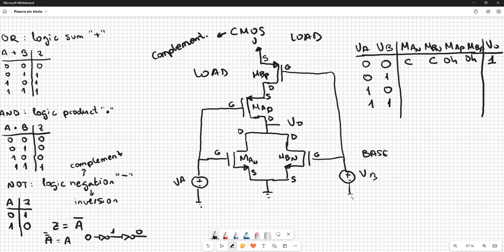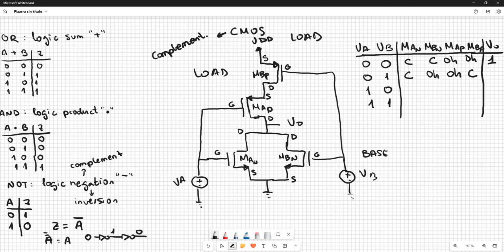So we are going to analyze the other combinations. In the second combination, we have that the A input is in cutoff and the B input is in ohmic, because it's a 1. So if the A transistor is in cutoff, its complementary transistor is going to be in ohmic, and if the B transistor in the base is in ohmic, its complementary transistor in the load part is going to be cut. So we are going to see again the ways that are open and the ways that are closed.